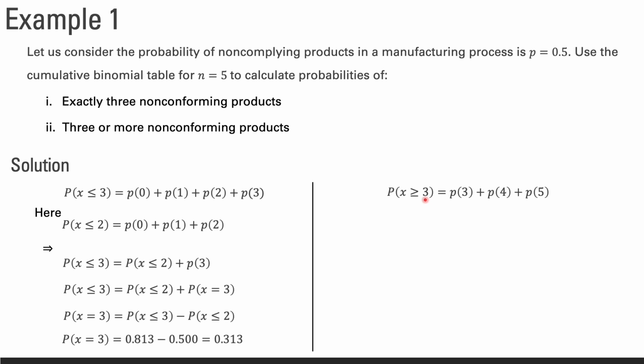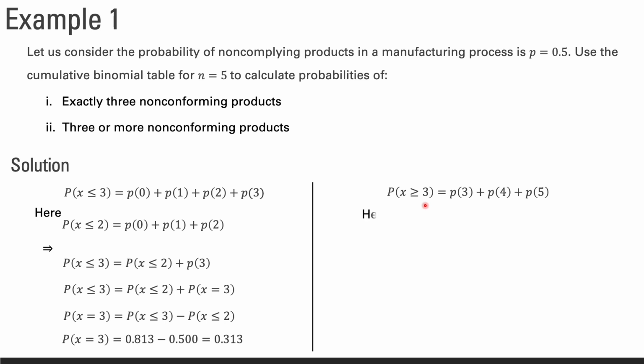The maximum probability is 1, right? So if we subtract the probability of finding x less than 3 from 1, we will be left with the probability of finding more than or equal to 3.